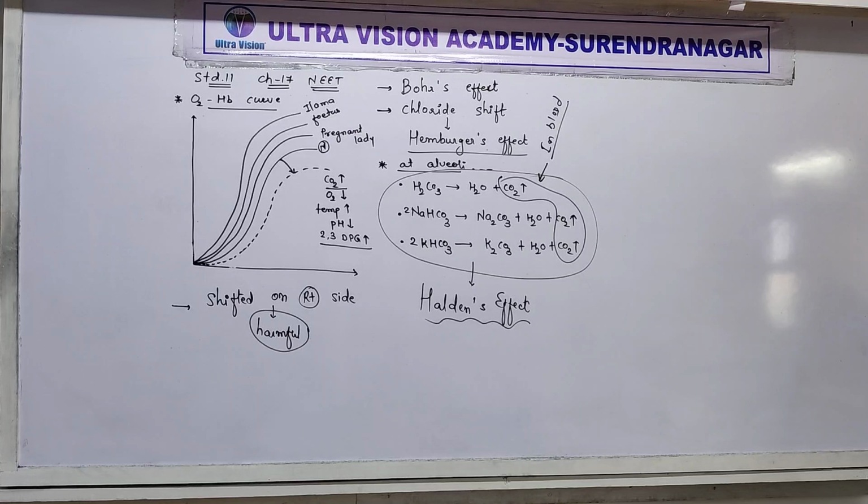Okay, now check in the textbook. Every 100 ml of deoxygenated blood delivers around 4 ml CO2 to the alveoli. Isn't that so?